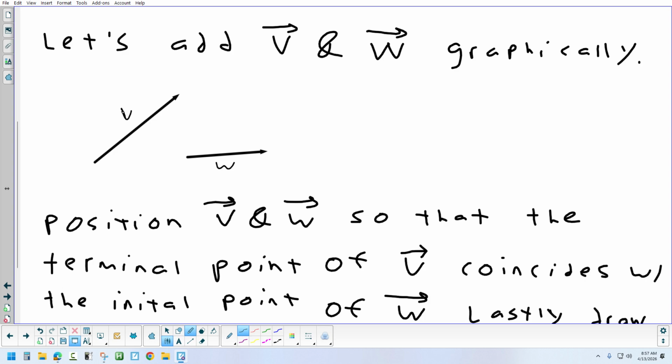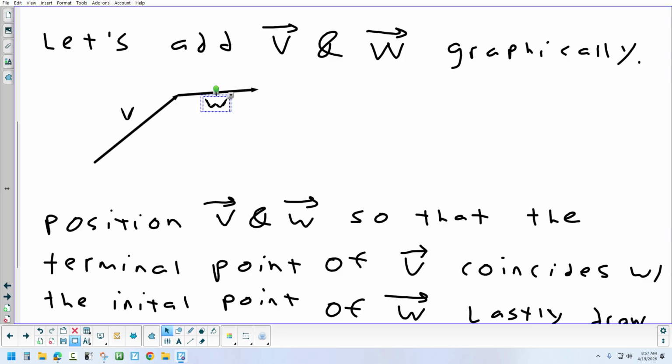And when I draw a vector, again, it should be a bold letter. So I'm going to add V plus W. So that means start with V, take W, and line it up just like that. So position the vectors so that the end point of V and the initial point of W line up.